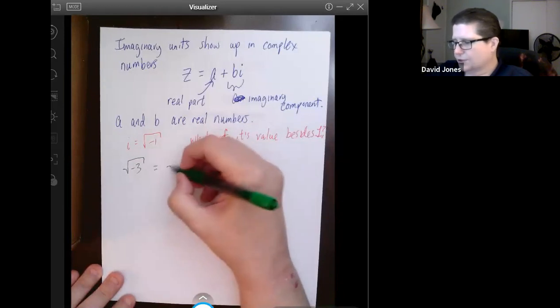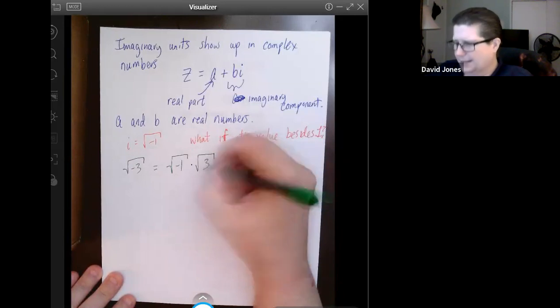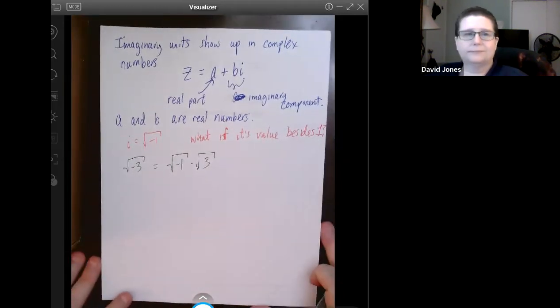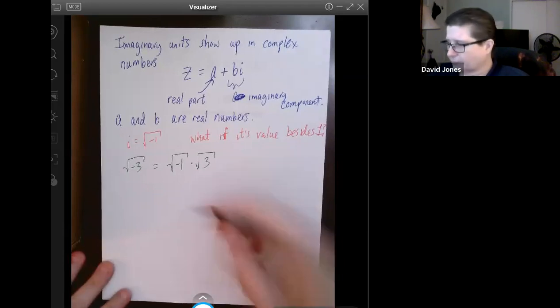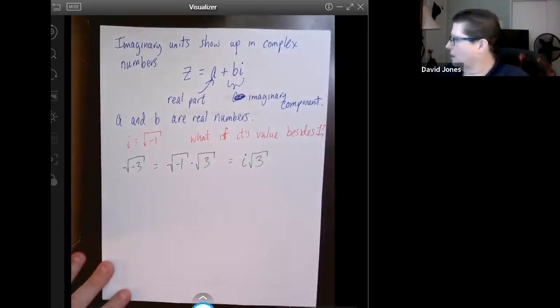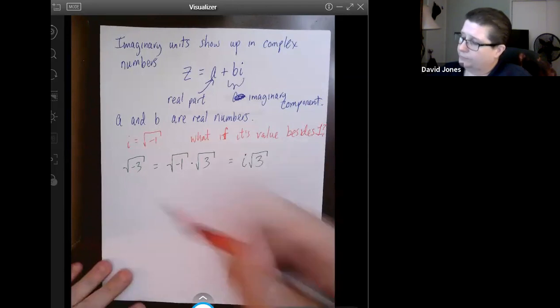This is equal to the square root of -1 times the square root of 3. Remember the rules of radicals. And that first part is i. And that's how we write it. Put the i before the radical.